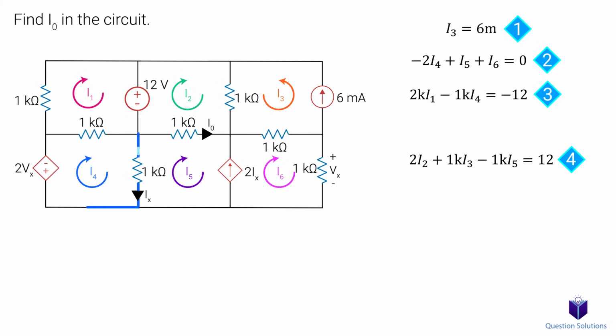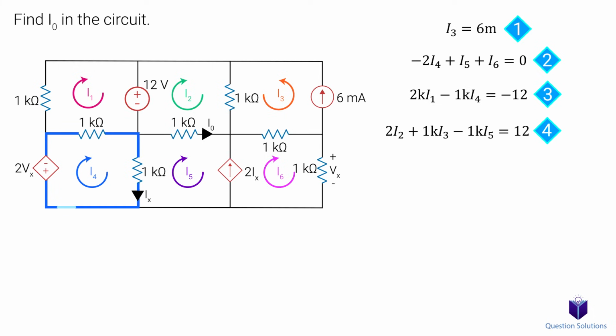We can write another equation for mesh current 4. We have 1K ohms times I4 minus I1, 1K ohms times I4 minus I5, and 2Vx. Now since we have a dependent voltage source with a value of 2Vx, we need to find it on our circuit. Here is Vx. It's the voltage of this 1K ohm resistor.